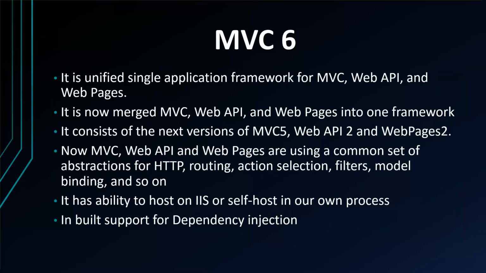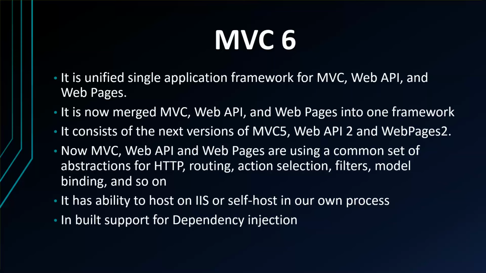In one way we can say it is the next version of MVC 5, Web API, and web pages too. Now they have reduced what was common between the different technologies in earlier versions.